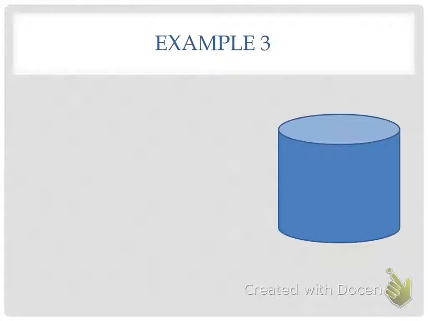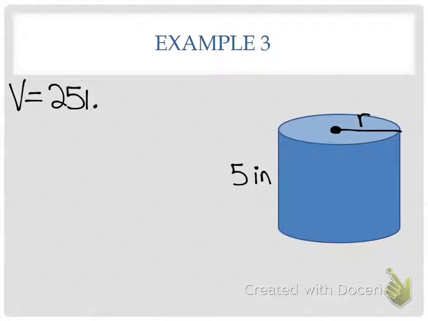Okay, so I want you to do one now. This time, I don't know radius. Again, but this time my height is 5 inches. And my volume is 251.2 inches cubed.